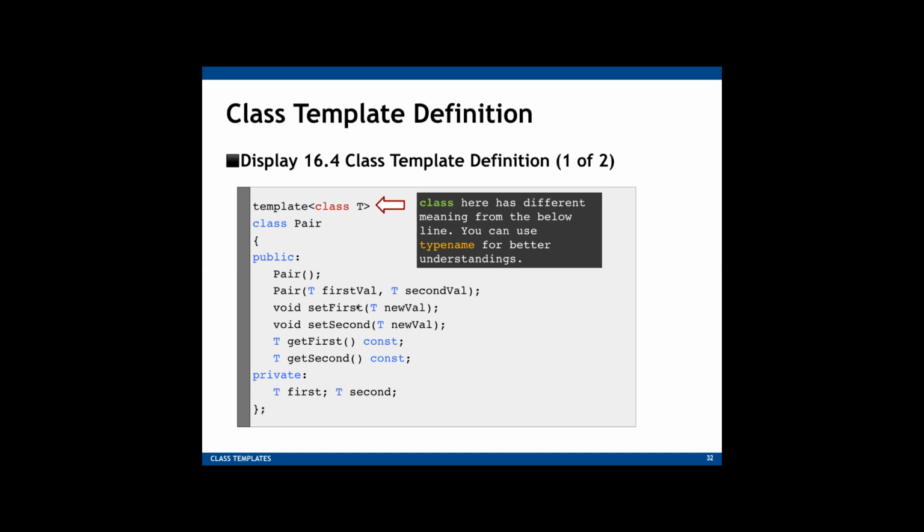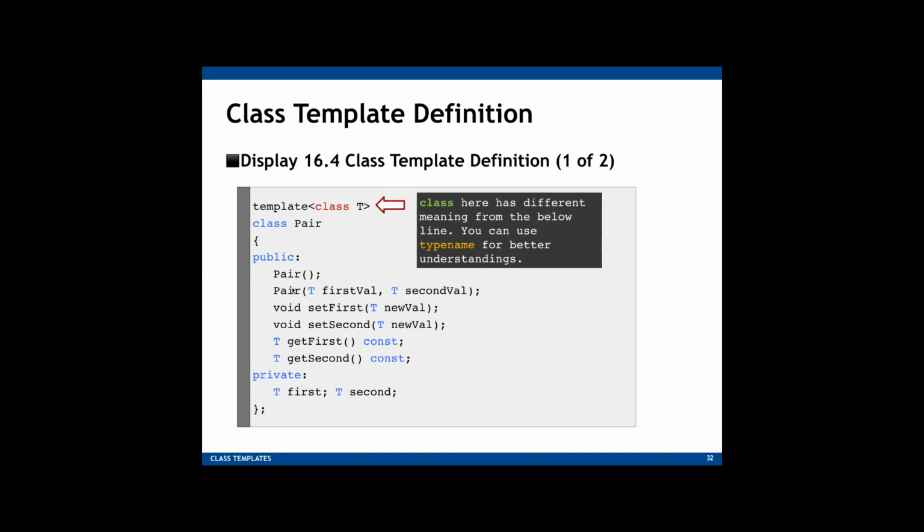Normally we specify concrete types such as int, double, string, or other class types here. But by specifying type parameter T as shown in this example, we can generalize the class.